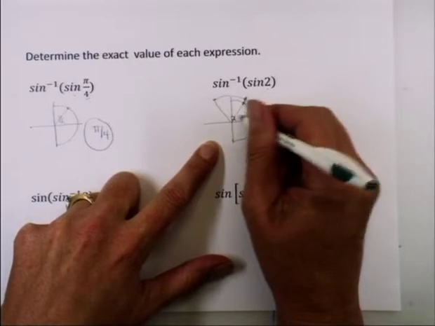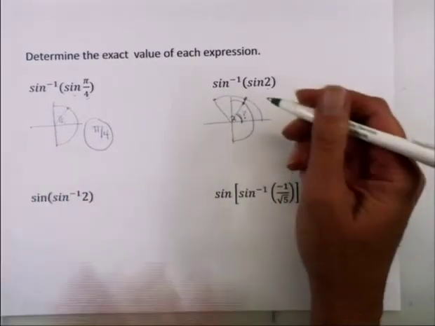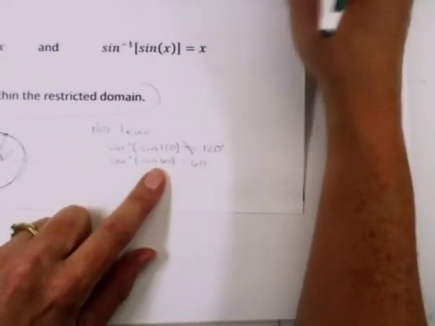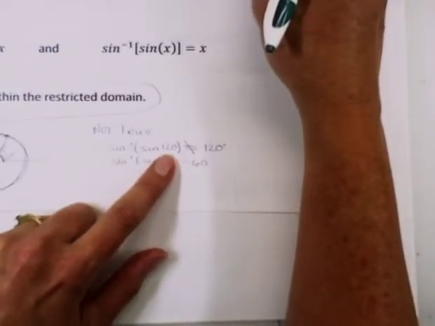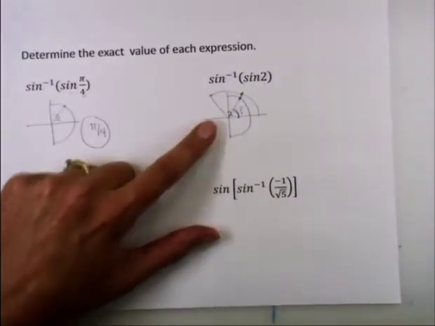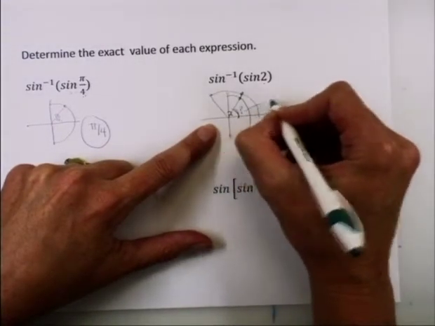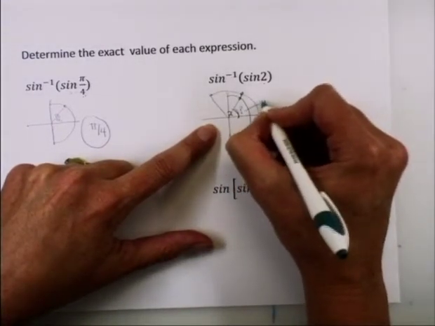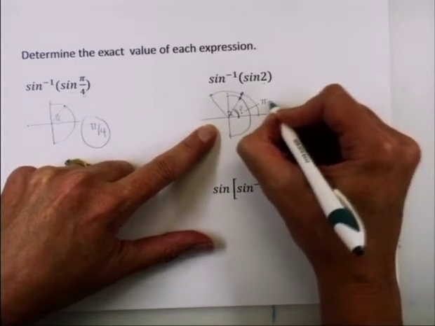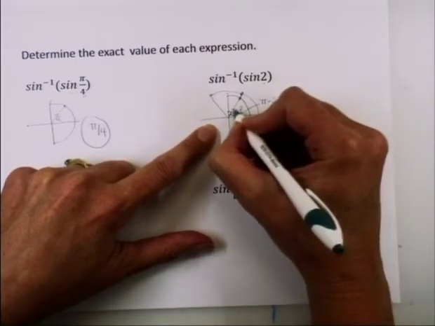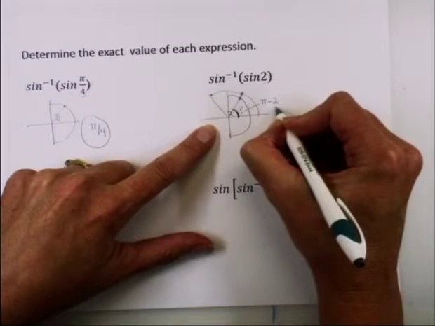But now I need to find out what this angle is. Remember, on that last problem, where I had the 120, it was as simple as taking 120 and subtracting it from 180. The same thing is true when I'm working in radian mode. This angle right here is just going to be pi, which is the equivalent of 180, take away 2. So this angle is pi minus 2.